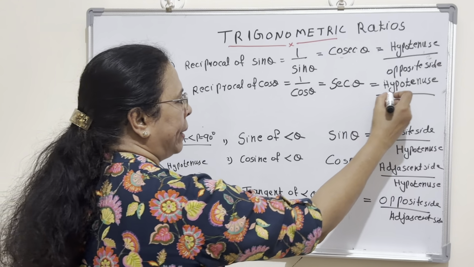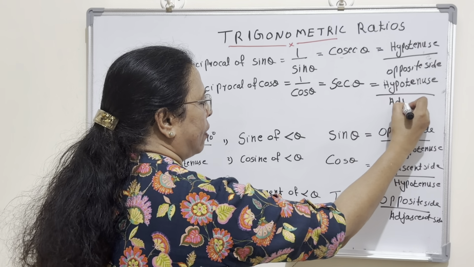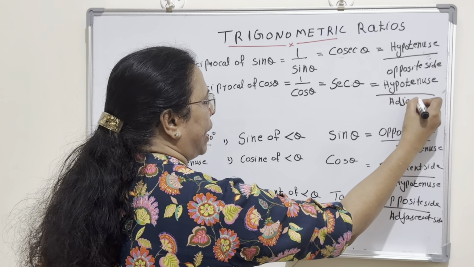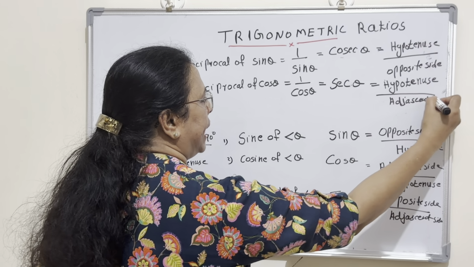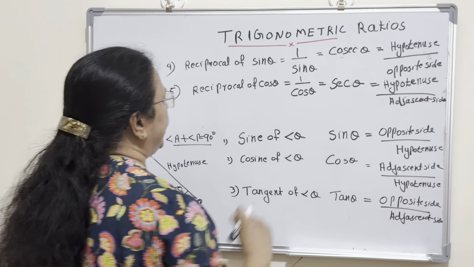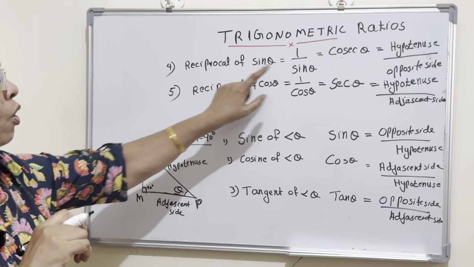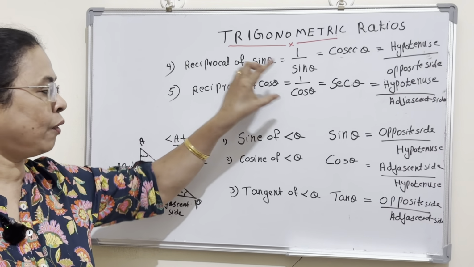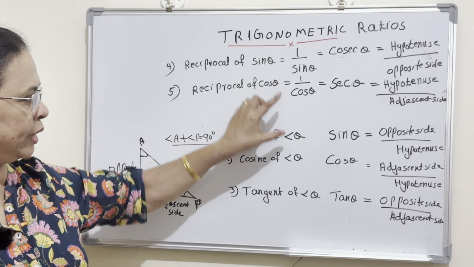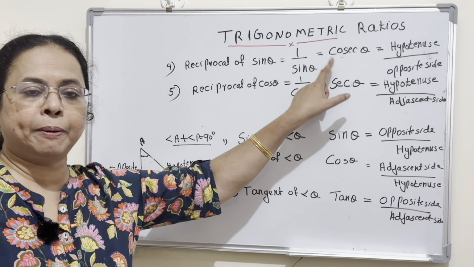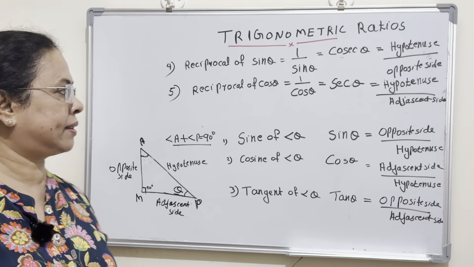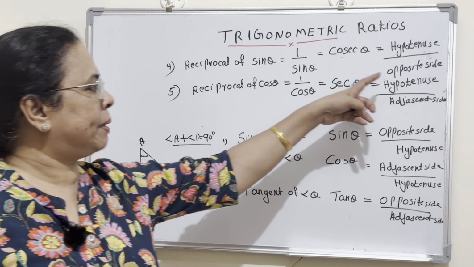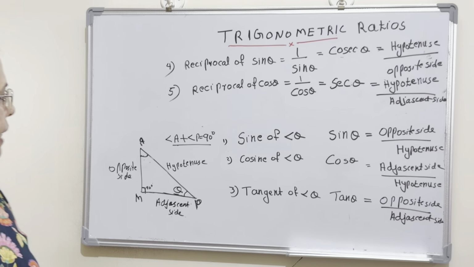The denominator goes up and the adjacent side goes down. So this is the adjacent side. Okay. So it is the reciprocal of cos theta. The reciprocal of cos theta we can mention by 1 by cos theta. That has a special name, called sec theta, and it is denoted by hypotenuse by adjacent side.